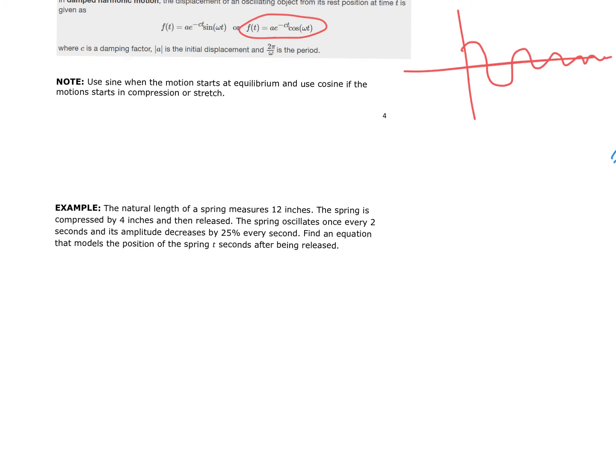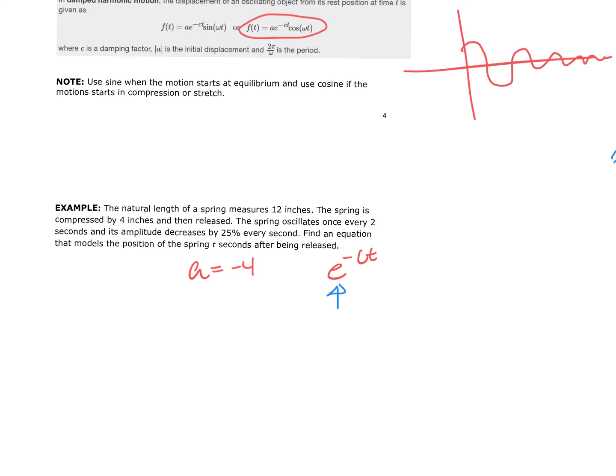We are compressing by 4 inches, so we know that A equals -4. We have to figure out what e raised to the negative ct is. We know that it's going to decrease by 25% each time, so this is the part that does the dampening.